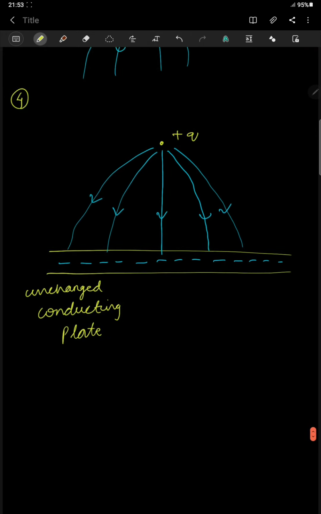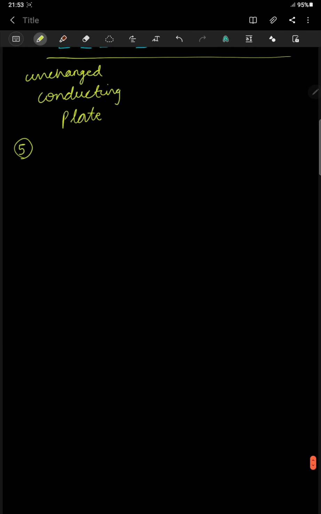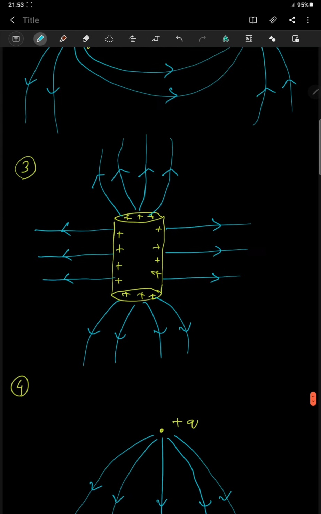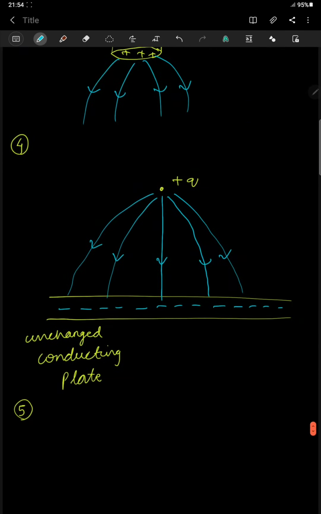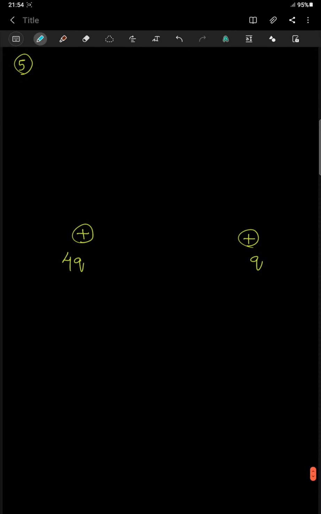Coming to the next example, suppose you are given two charges. This is plus, this is also plus, but the difference is here it is 4q, here it is q. That means the magnitude is different. Then how can I draw the field lines? When the two positive charges were equal, I was talking about the neutral point. When the magnitudes are different, this neutral point will shift. And always remember the neutral point will shift towards the lower magnitude side. So how will I draw the field lines?